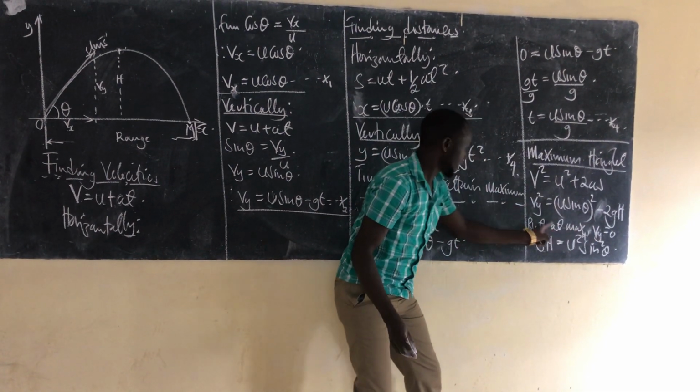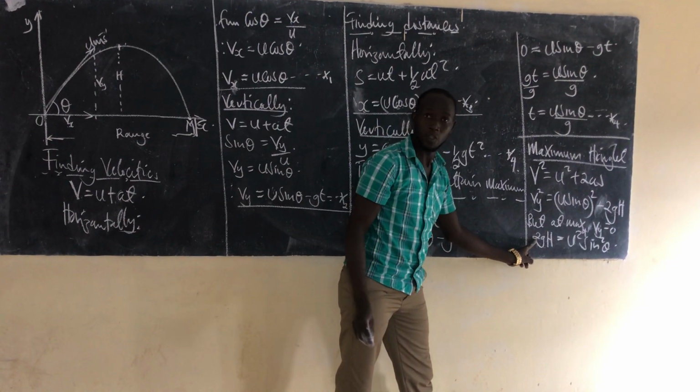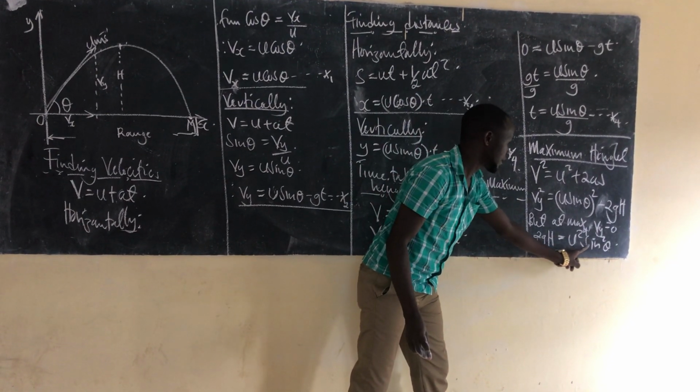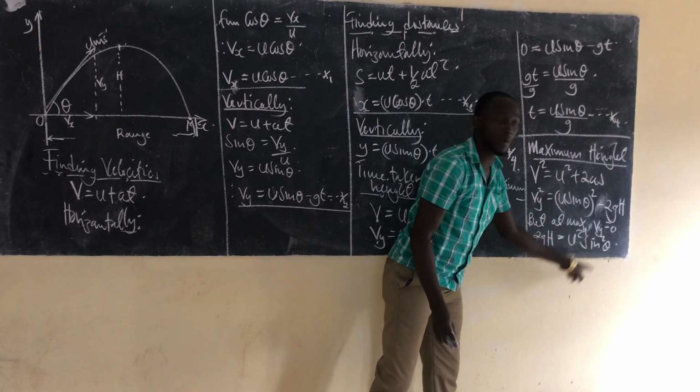I've brought this one this side since this one is standing for 0, so you have it positive. 2gh giving you u squared sine squared theta. The square is not on the angle, it is on the ratio.